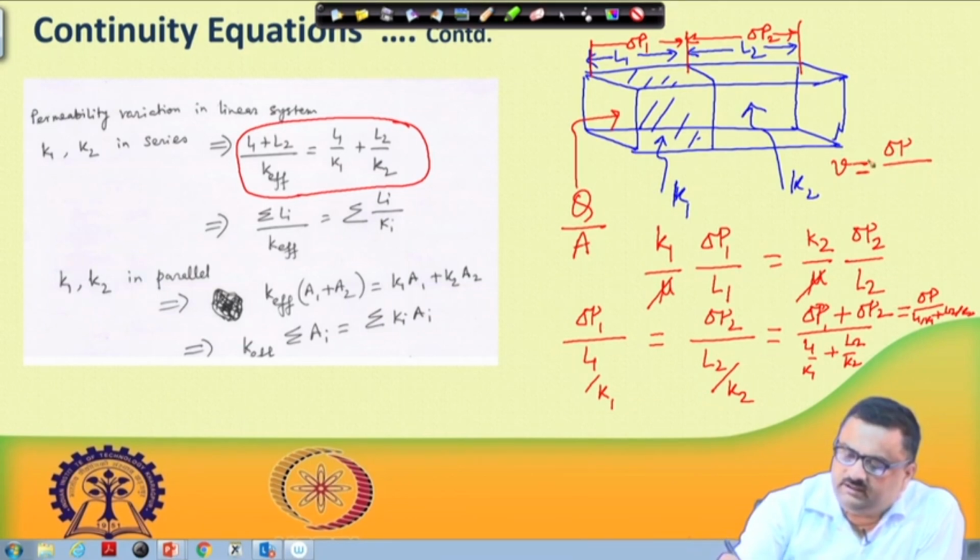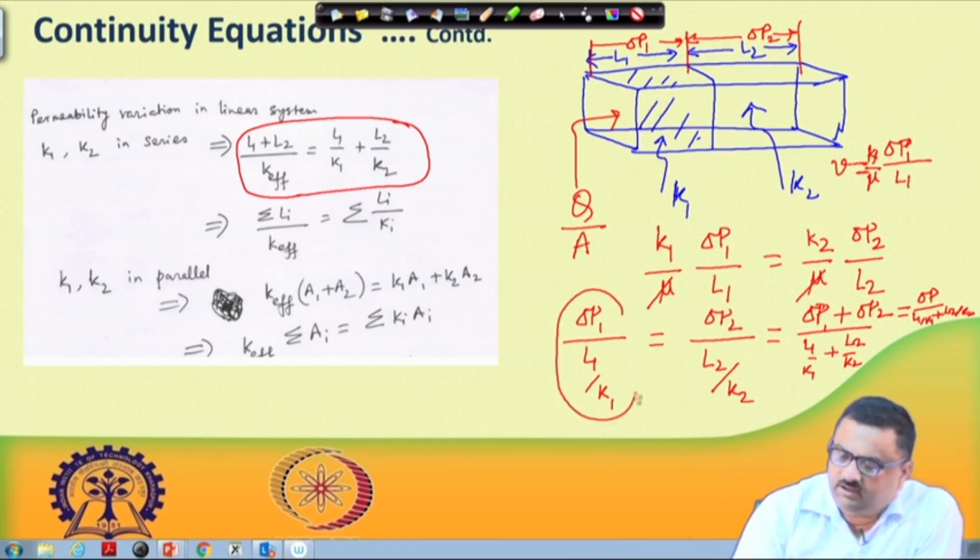The velocity is basically K1 by mu delta P1 by L1, and delta P1 by L1 by K1 is equal to this quantity.